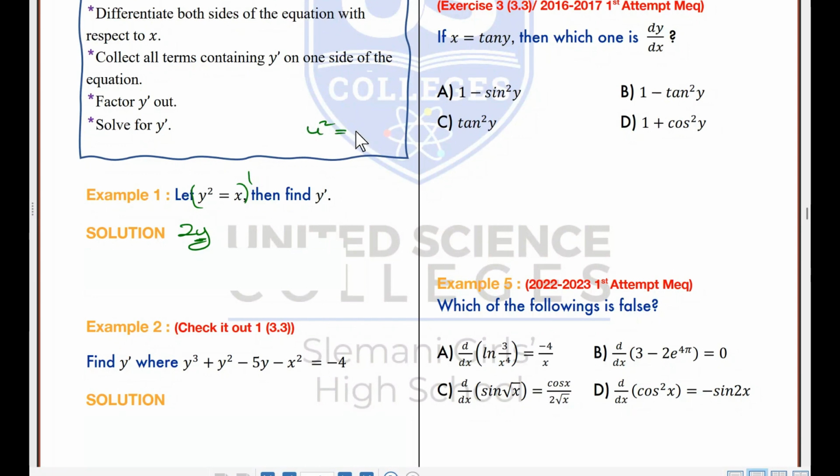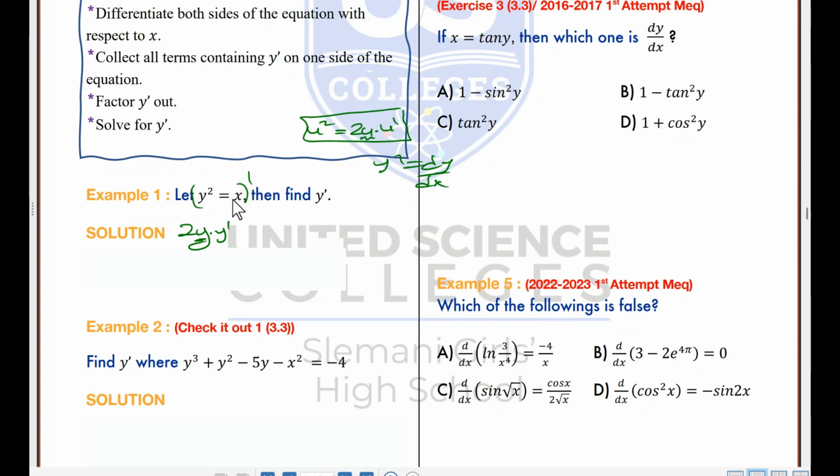You bring the power down in front and multiply the result by the derivative of the base, u prime. So this is the power chain rule. We'll do the same here. The derivative of y squared is 2y multiplied by y prime. y prime is not 1, it's y prime, or dy over dx.